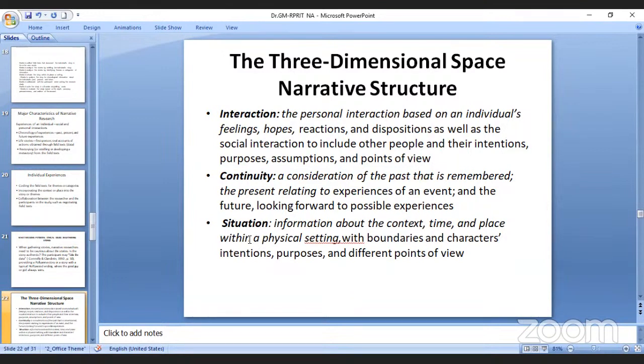Then time, whether the researcher interacted with that participant in the morning, afternoon, or evening. And place, whether home, school, or working place. Place is also important. Then within a physical setting with boundaries and characters' intentions, purposes, and different points of view. These are the three-dimensional space of narrative structure: interaction, continuity, and situation.